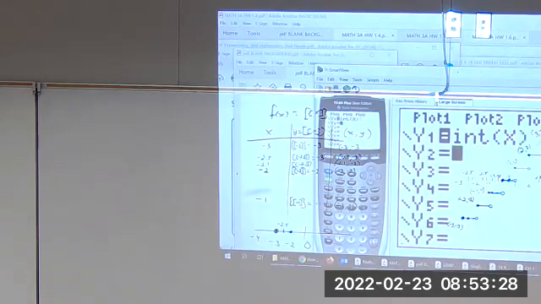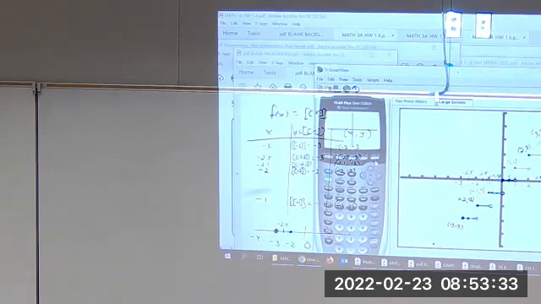Enter, and it tells me it's a graph. Now, the calculator, at least mine, is not going to show closed circle, open circle, closed circle, open circle. That's something you would need to do. Make sure you know which is which.